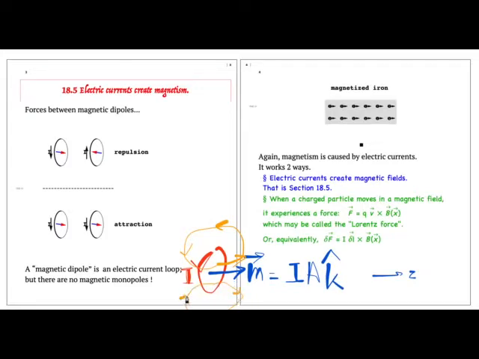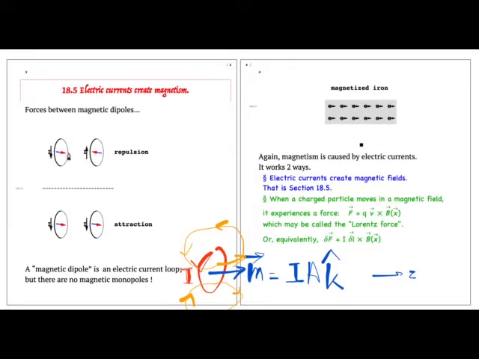So a dipole is a source of magnetism. It creates a magnetic field. By the right-hand rule, if your fingers curl in the direction of the current, then your thumb points in the direction of the dipole moment. So for currents in opposite directions, the dipoles point in opposite directions.